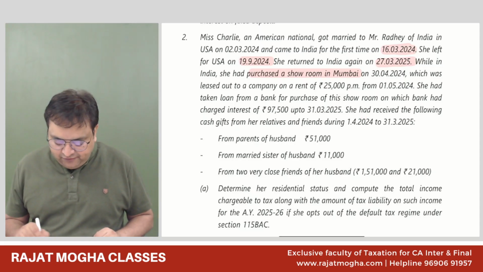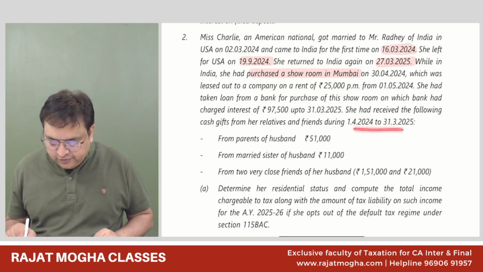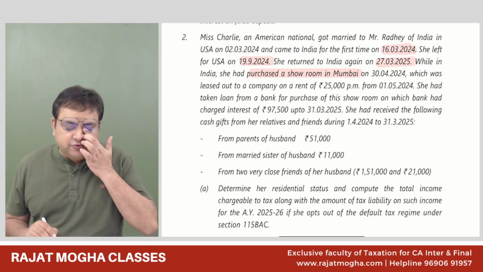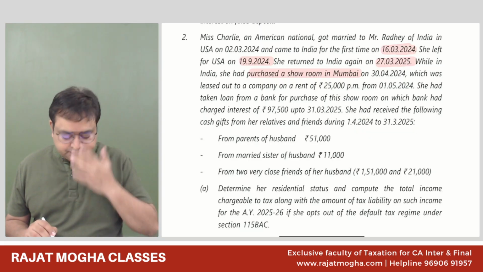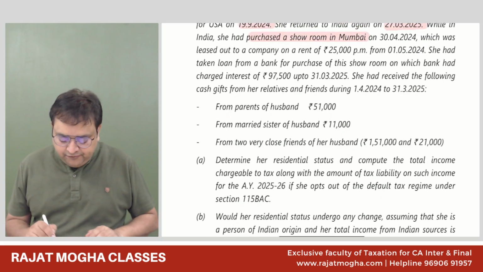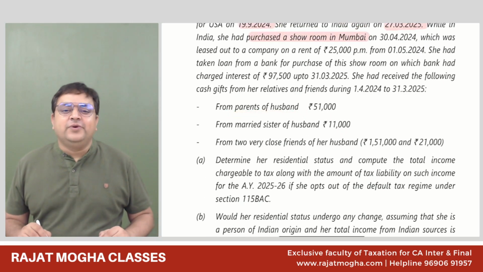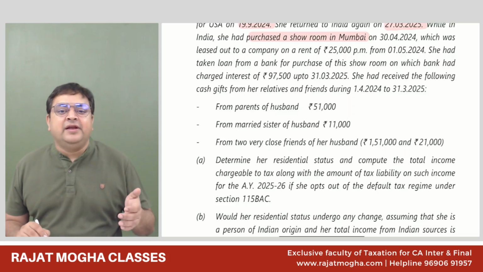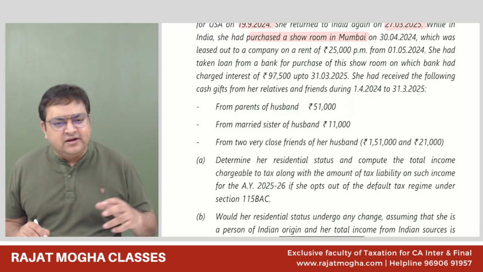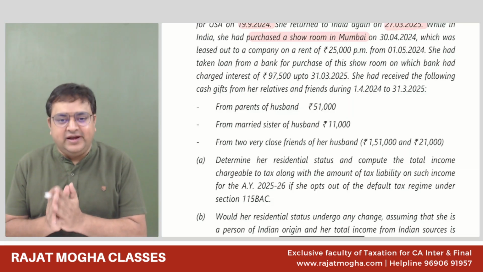She had received the following cash gifts from her relatives and friends during 1/4/2024 till 31st March 25. So she has received some gifts also. Okay. From parents of husband. Husband's parents. So you understand that in income tax, whenever we receive gifts, the definition of relative is quite broad.